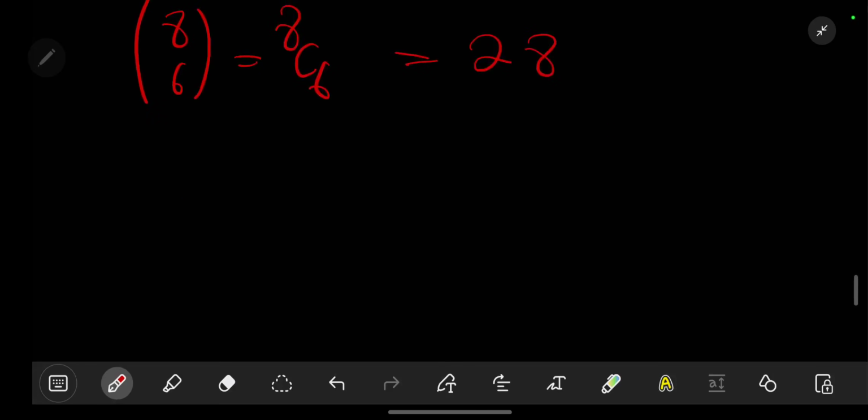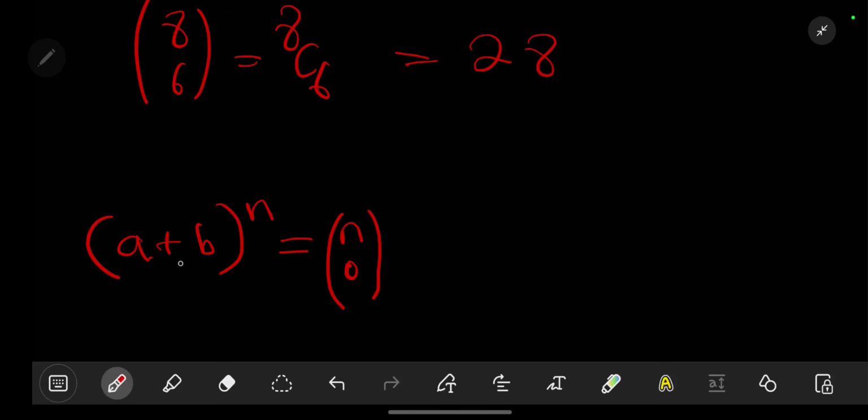Now if we are required to expand something like this, let's say we have a plus b to the power of n. So this one shall be equal to, you're going to be using your combination, so you can write your n combination 0. You are multiplying it with this one.